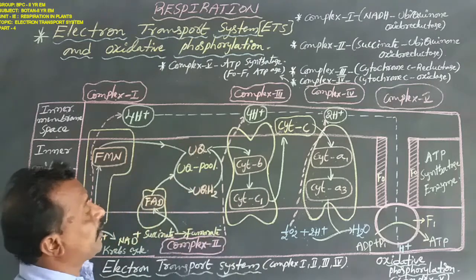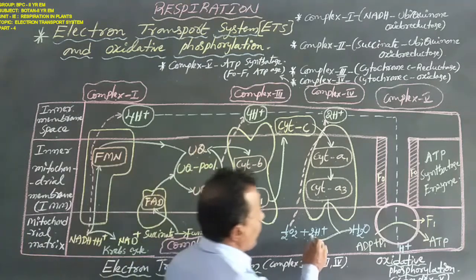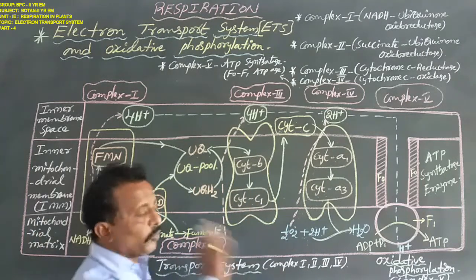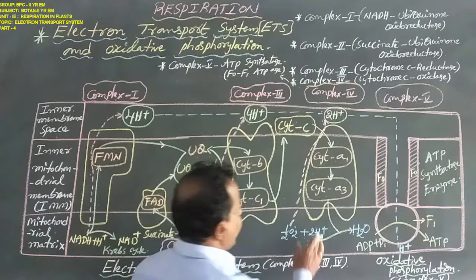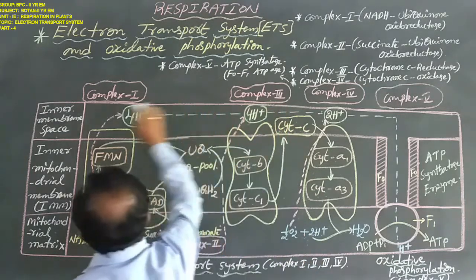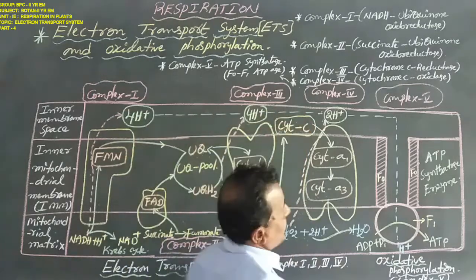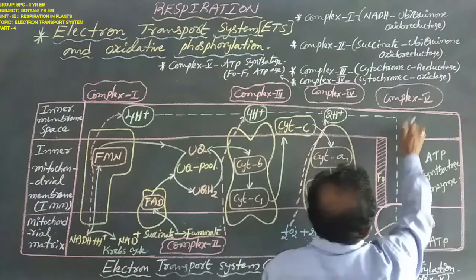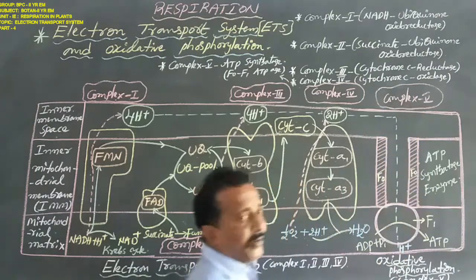That is called the electron transport system. In this pathway the electrons are transported from one carrier to another and finally reach molecular oxygen, forming one water molecule. The remaining protons are released and occupy the inner membrane space. These protons then reach complex 5.